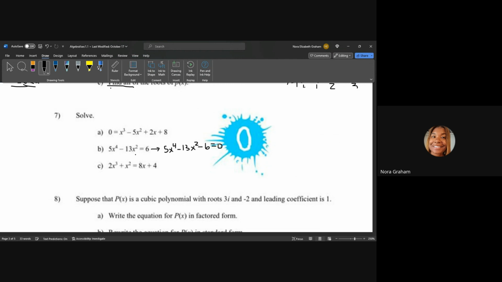So all I did was isolate it, so I have it equal to 0. I minus that 6 from both sides.